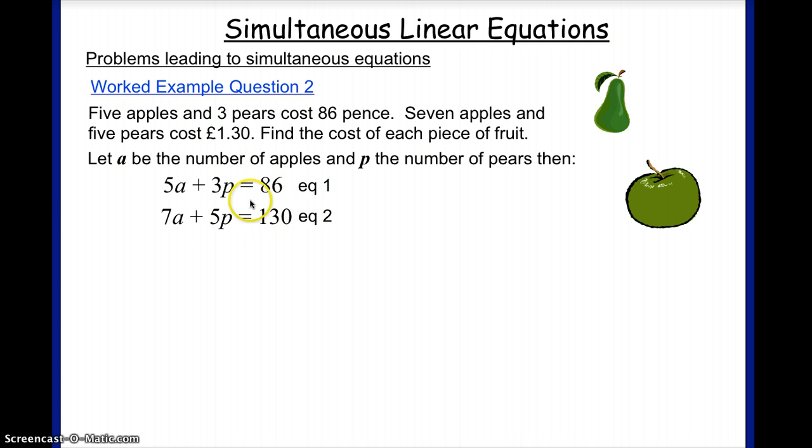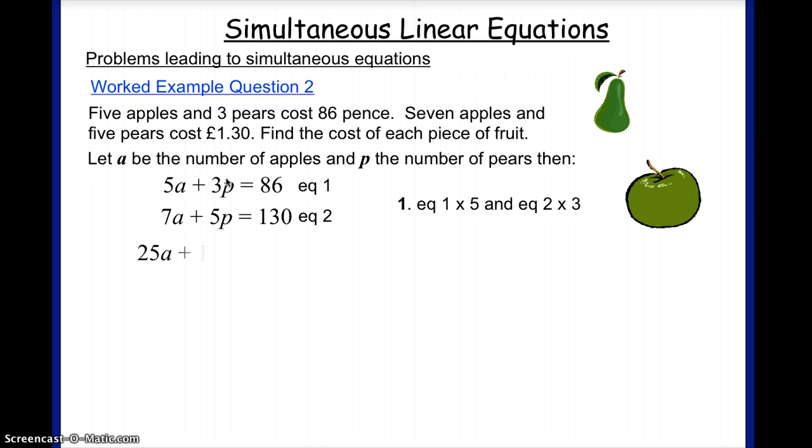Now, because we don't have a similar coefficient, when we use the elimination method, we need to multiply both equations by a certain number to make sure that we come up with the same coefficient on the same variable. In this one, I'm going to multiply the first equation by 5 and the second equation by 3. That means I would like to eliminate the variable p.